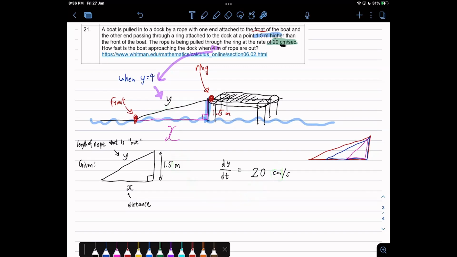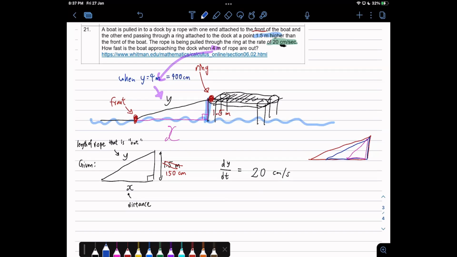Change the meter to cm. Standardize one of them. You can also change cm to meters, but I prefer cm because fewer decimals. So 150 cm, right? Also here y equals 4 meters, which equals 400 cm. So we need to substitute with 400 later, not 4.